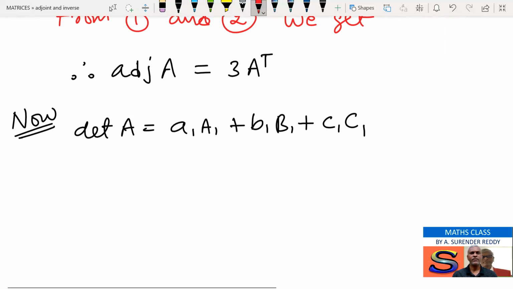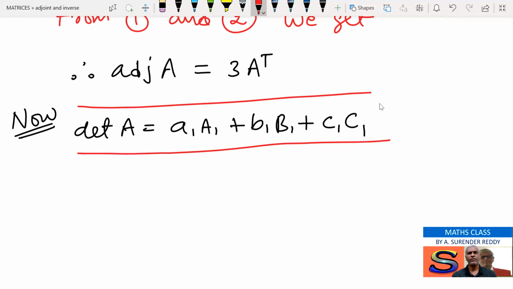So this is the definition of determinant: sum of the products of elements with their cofactors. So for det A, A1, B1, C1 are the first row elements in the given matrix.